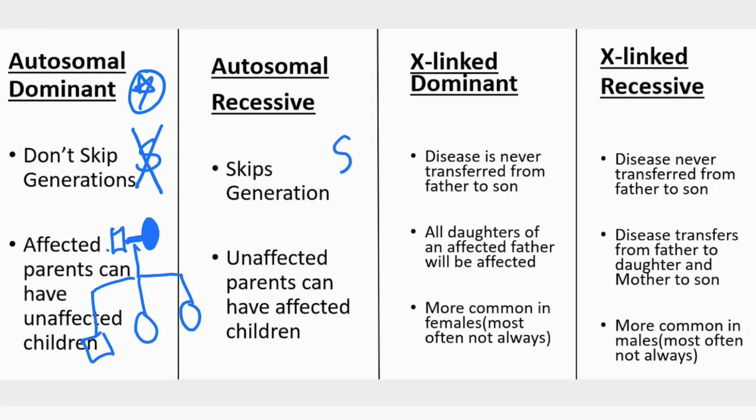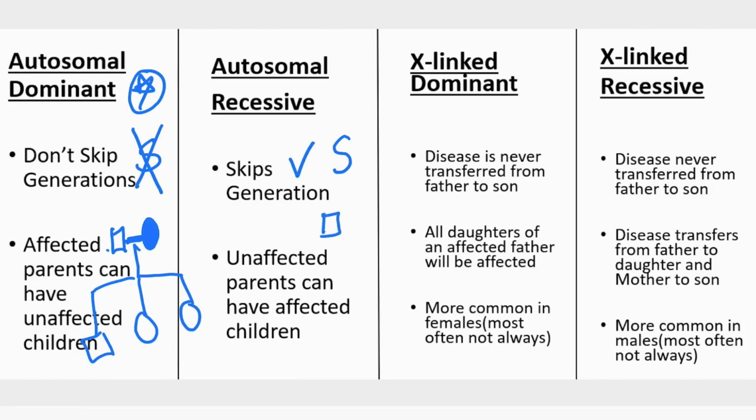In recessive, yes, it skips generation. That means in one generation, the parents could be healthy, and in the second generation, the children could be affected. So unaffected parents can have affected children. Okay, so let's just draw it here.